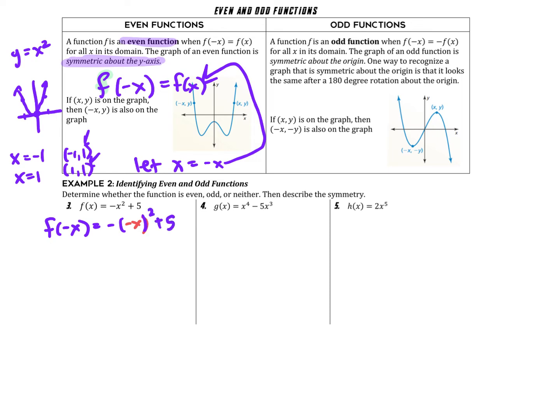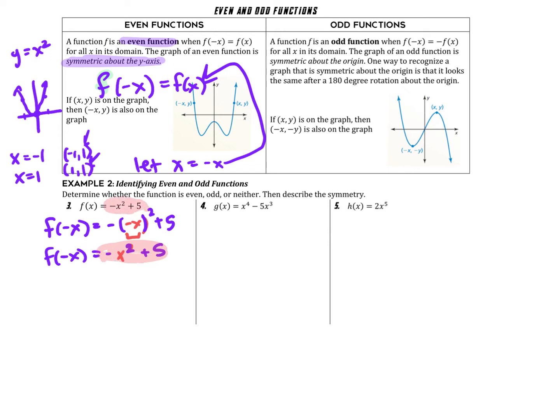Everything else is going to stay exactly the same. Well, f of -x, if I simplify inside, I'm squaring -x. Well, that's going to make this -x become +x squared plus 5. What I want you to notice is that this is exactly the same as what we started with.